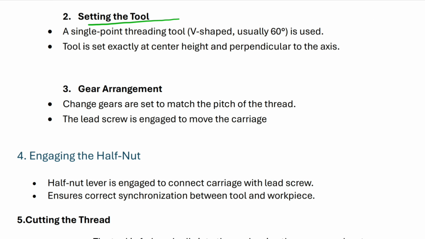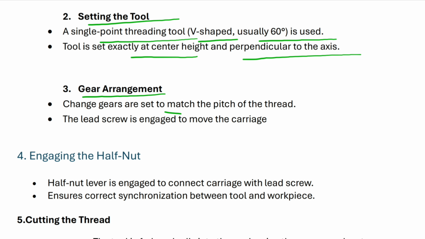The next step is setting the tool. We use a single point threading tool, either V shape or 60 degree, based on the type of threading preferred for the operation. The tool is set exactly at center height and perpendicular to the axis. Next is the gear arrangement.